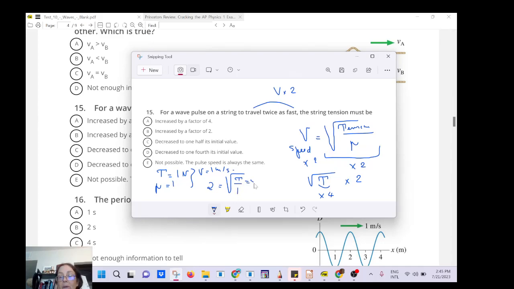So you have to square both sides, so you have 4 equals T. Between here and there, you see it's multiplied by 4. So either you do it algebraically this way, or you do it this way. So the answer is the tension increased by a factor of 4.